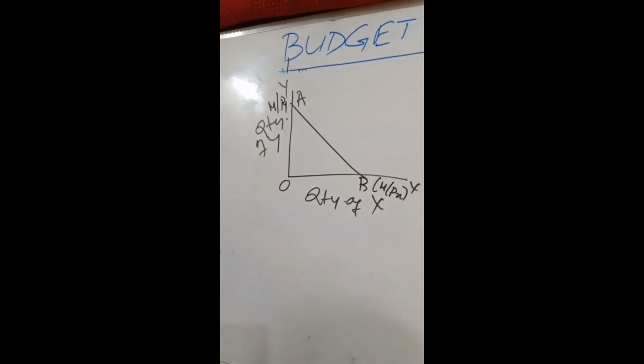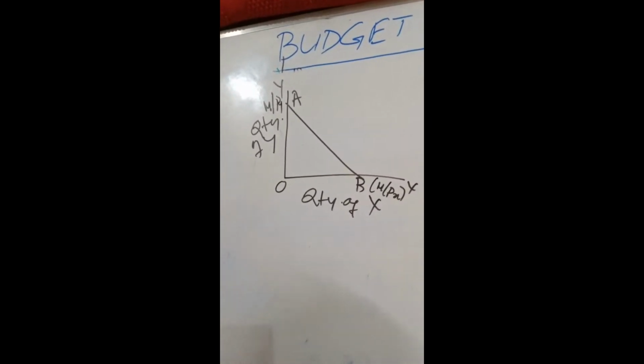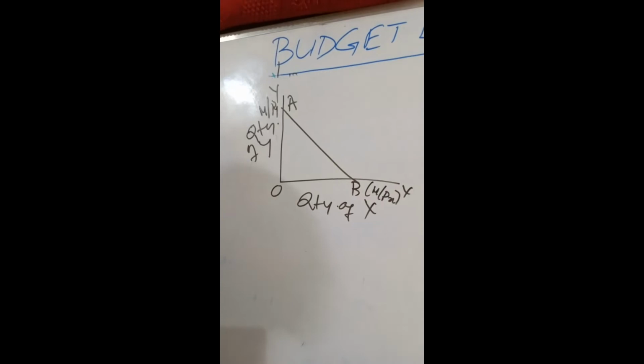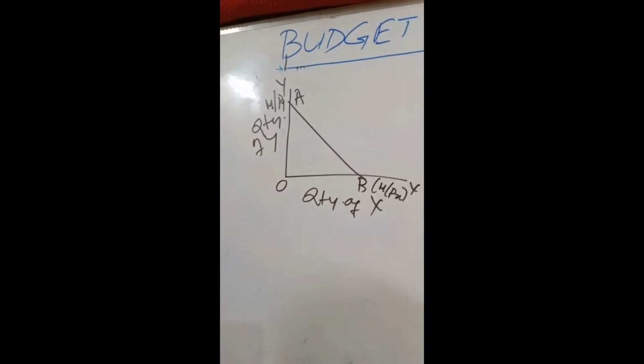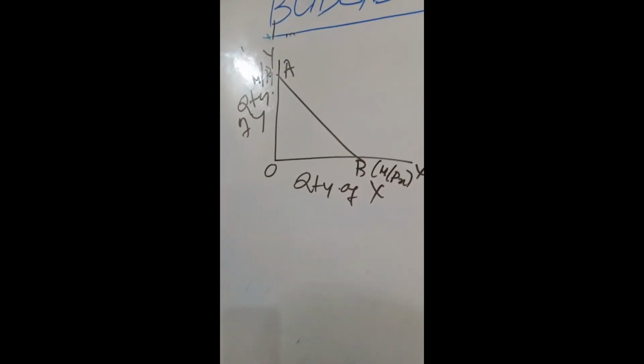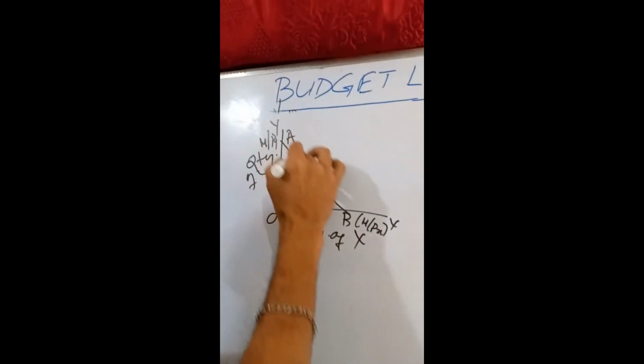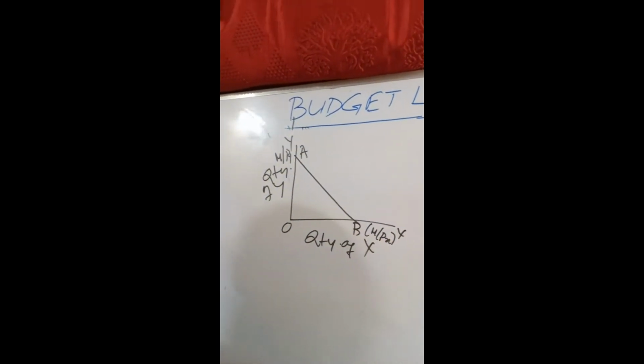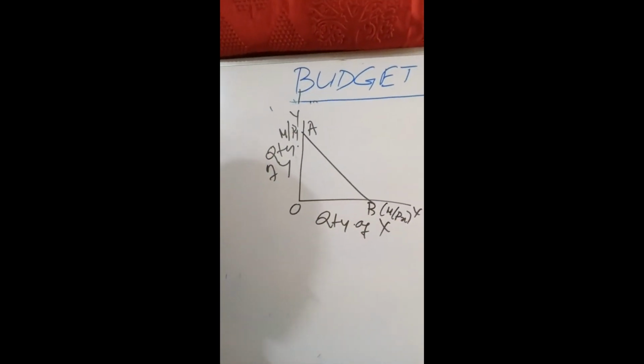Now, if income of the consumer increases without any change in the prices of the commodities, then this budget line AB will shift parallelly rightward.